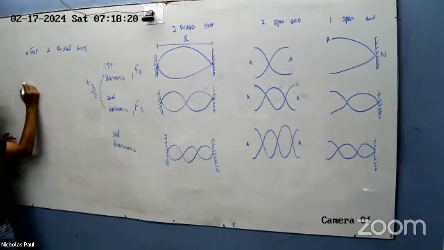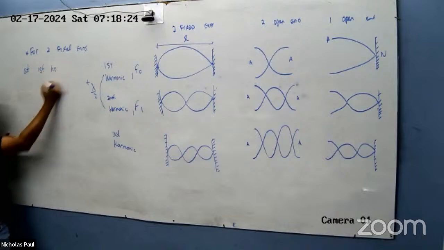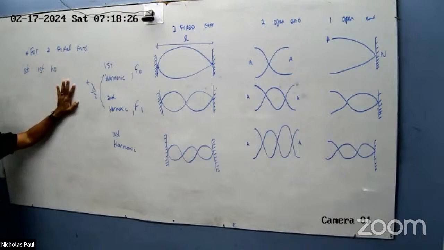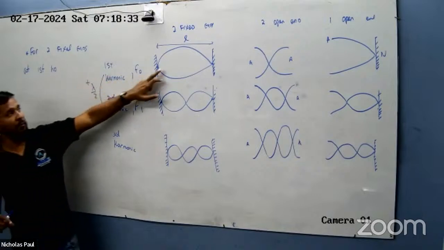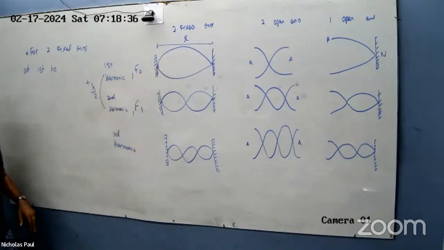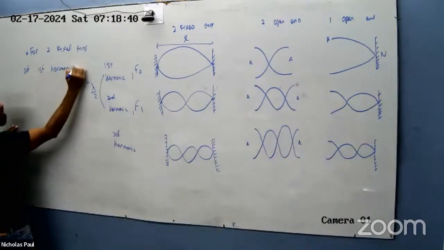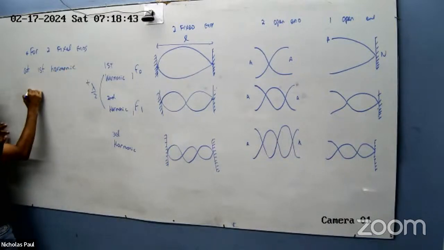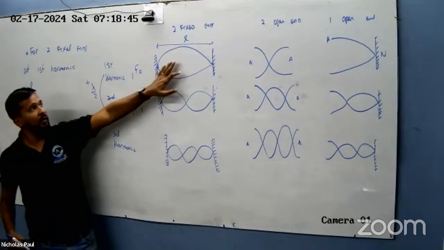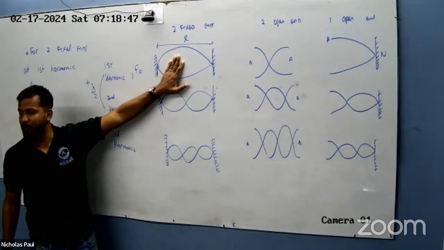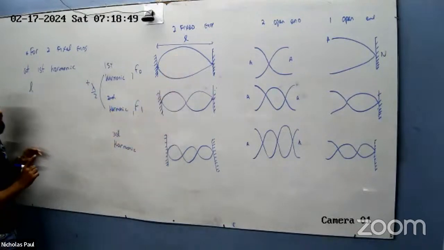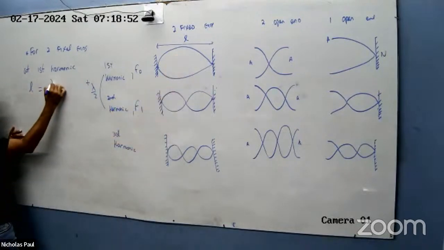For two fixed ends at first harmonic, and as I said, some notes have first harmonic, some have fundamental. This is your first harmonic or your fundamental. At the first harmonic, that value L is how much of a wave? Half a wave.